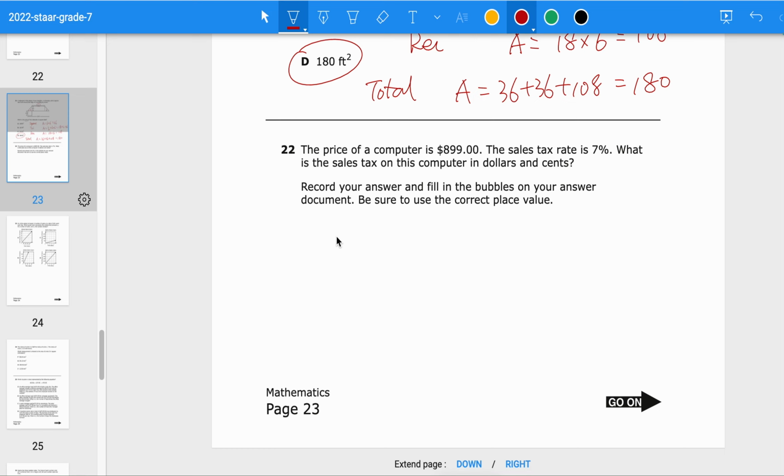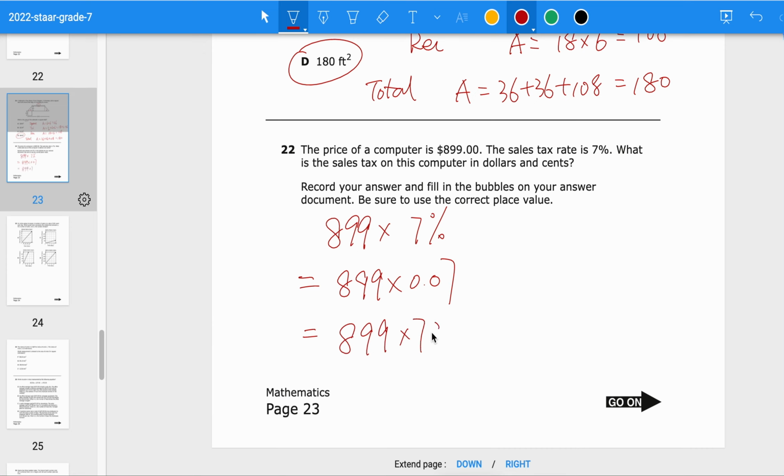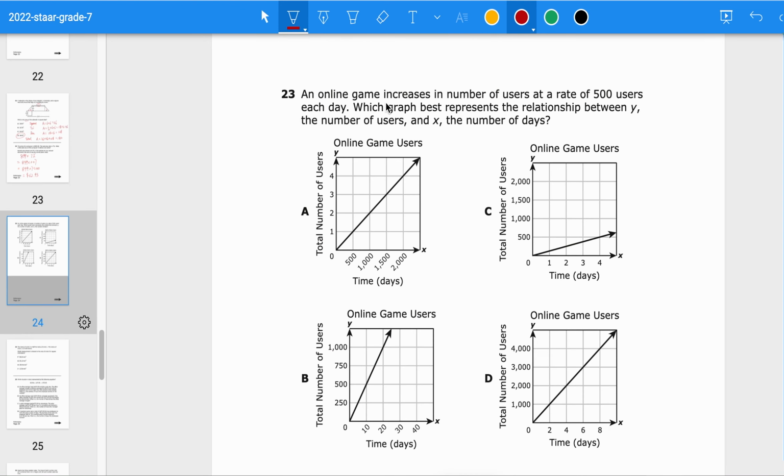So we have 899 multiplied by 7%, which is 899 multiplied by 0.07 if you want to do it this way, or you can do 899 multiplied by 7 and divide it by 100. The final answer will be $62.93.